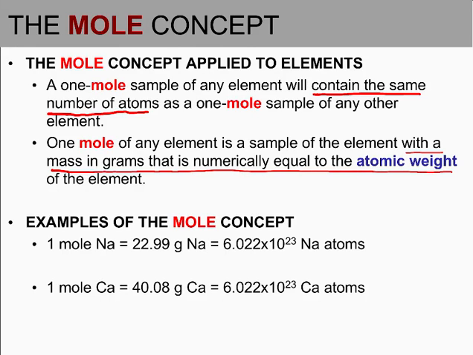So down below, our first example is sodium. And remember that the symbol for sodium is Na, because its original name is natrium. So if we have 1 mole of sodium, that means that we have 6.022 times 10 to the 23rd sodium atoms.